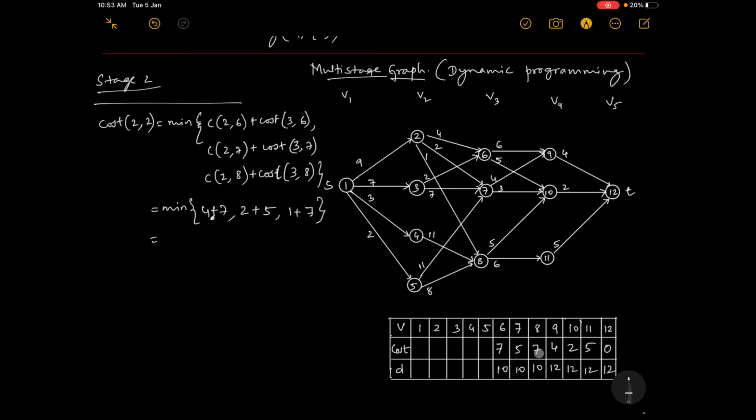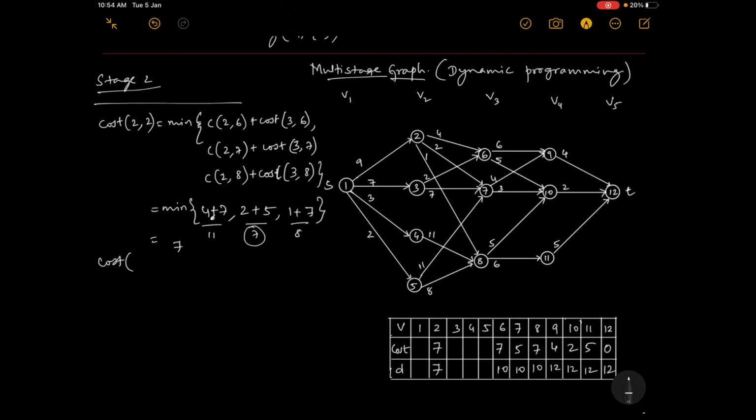So which is minimum out of this? This is 8, this is 7, this is 11, so this is the minimum. So 7 is the answer. So I am writing 7 for 2. Now which is giving the least path? The middle term is giving me the least, and the vertex is 7, so I have to write 7.